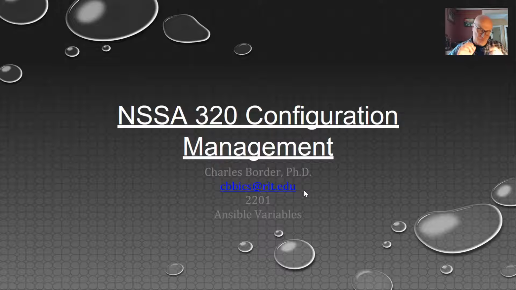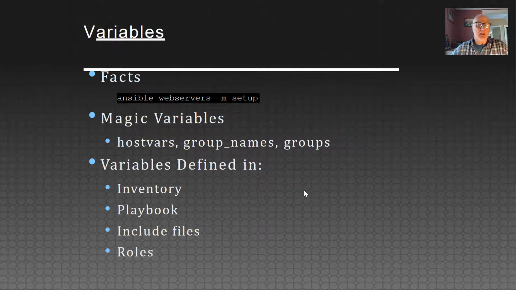Now they're pretty basic variables that I use, but they make a lot of sense and can give you better clarity about what you're doing with the systems that you're configuring. We can get variables from lots of different places. We can get variables from the facts when we gather facts, and we can look at all of those values that come out of the gather facts setup.